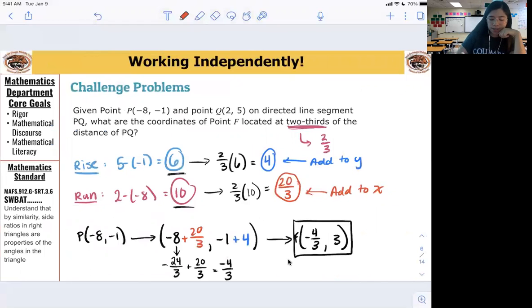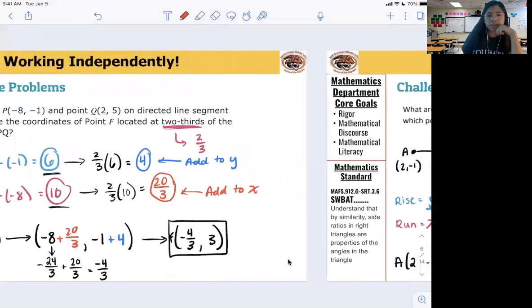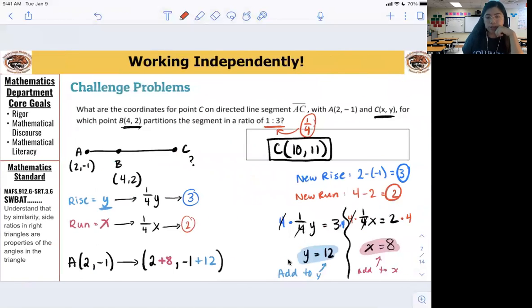The only difference is that here you multiplied it by the fraction. Here we kind of had to solve for y and solve for x. So we actually multiplied by the reciprocal of the fraction instead. Okay, any remaining questions?